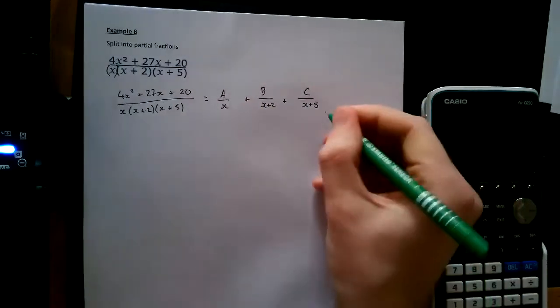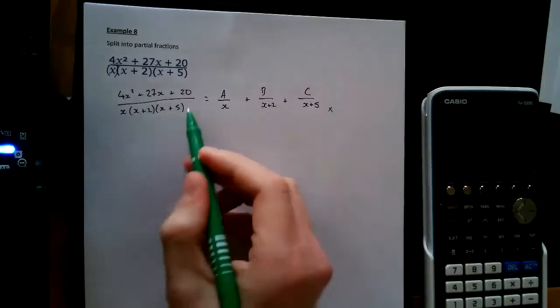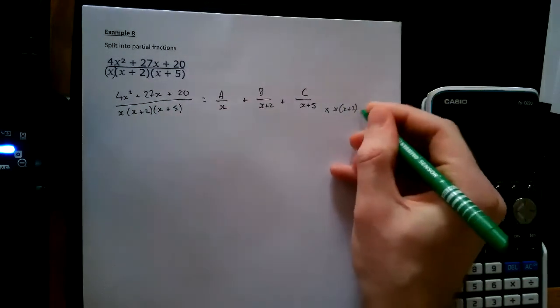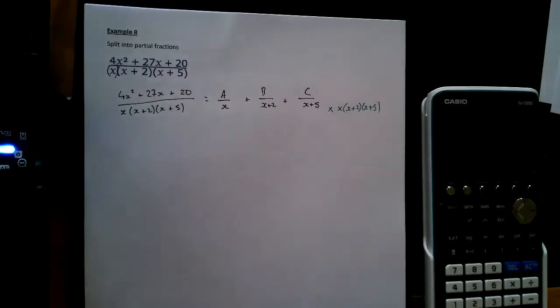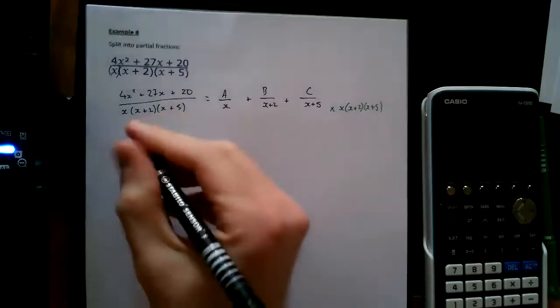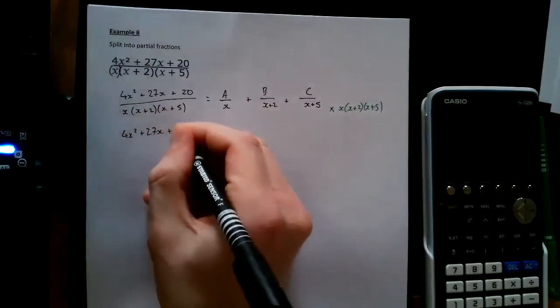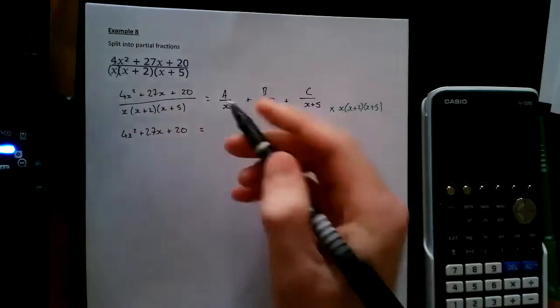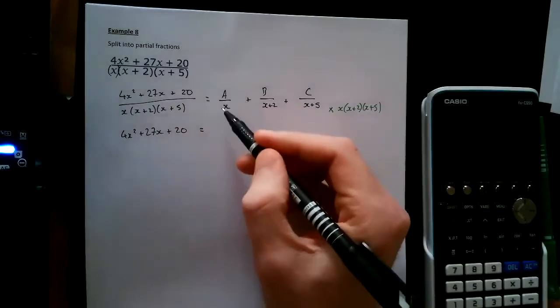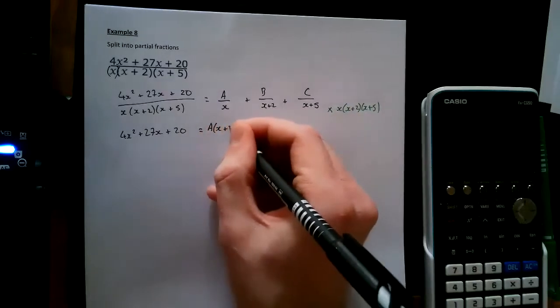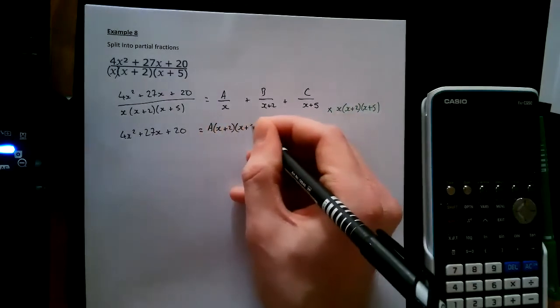Same thing as before, I'm going to times both sides by this denominator here, x, x plus 2, x plus 5. So I get on the left hand side 4x squared plus 27x plus 20. Here, a over x, the x is going to cancel out that x, so I'm just going to be left with a times x plus 2, x plus 5.